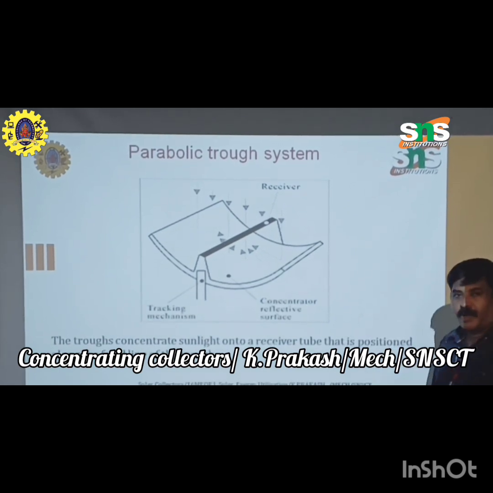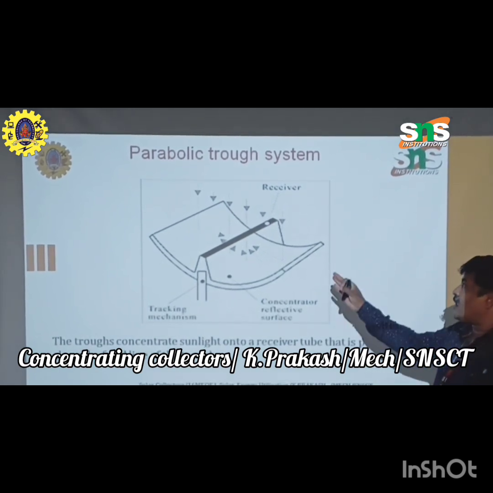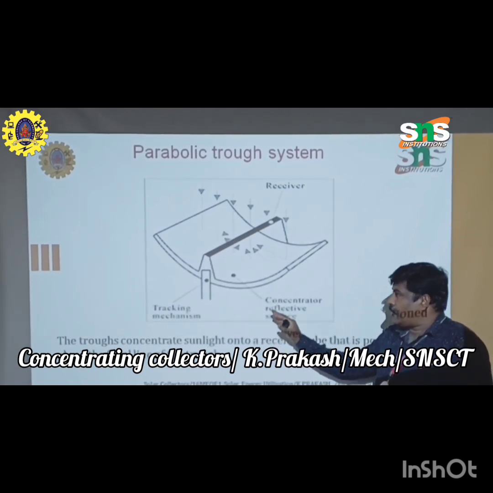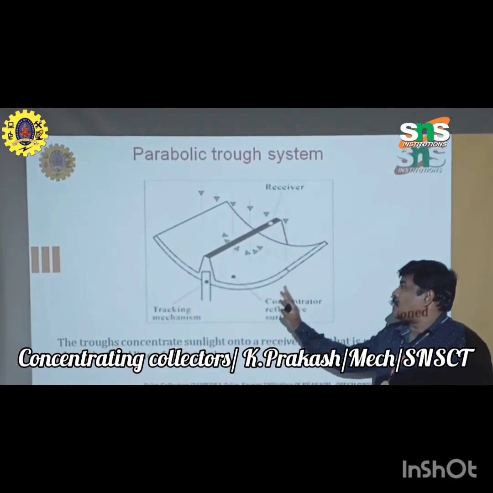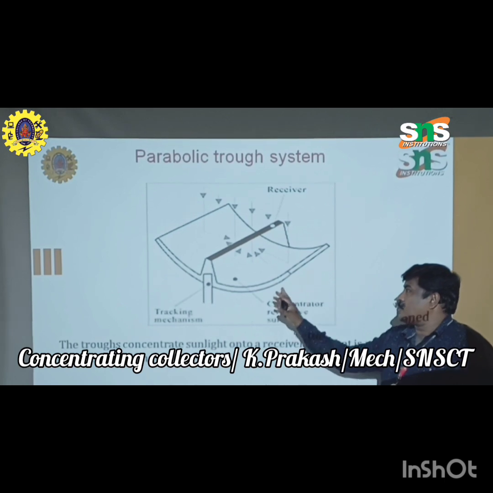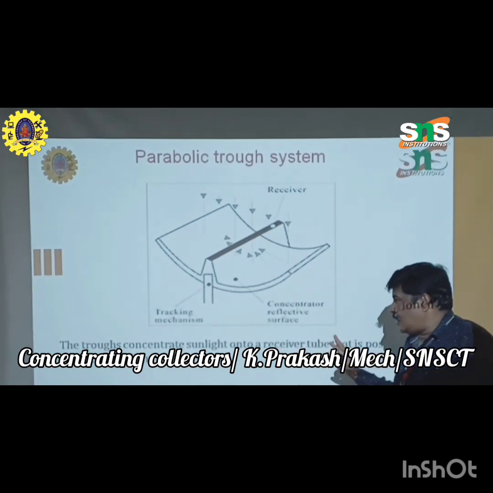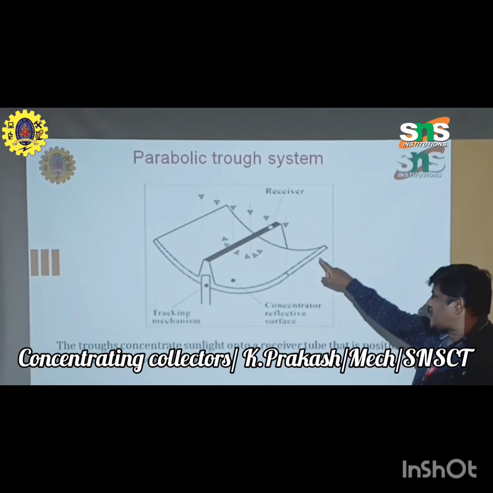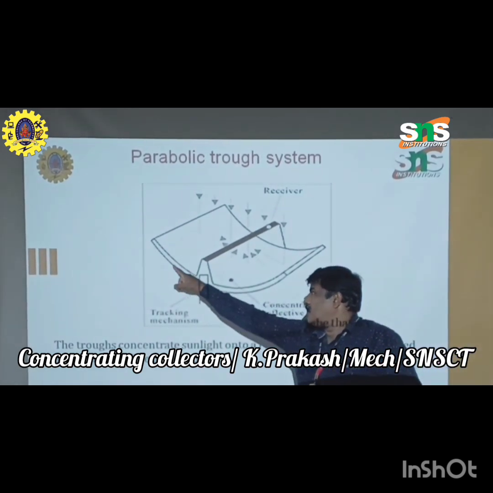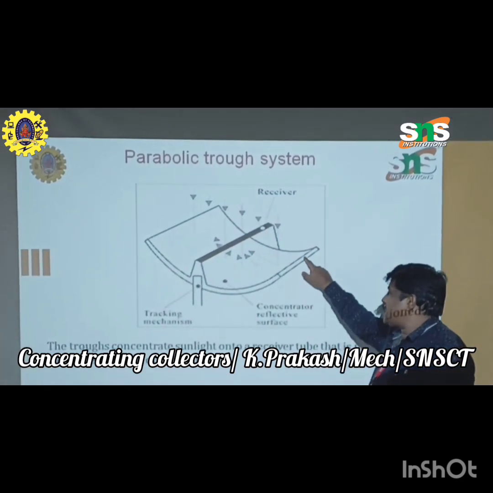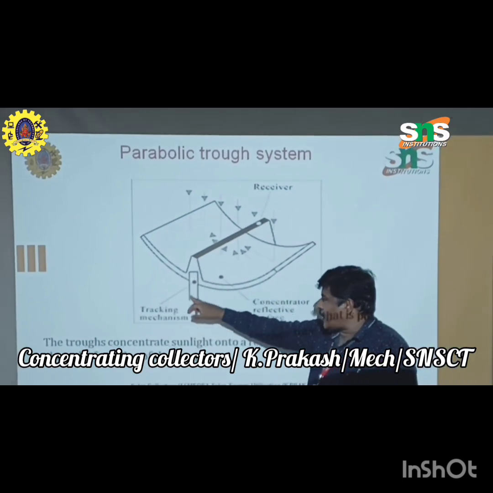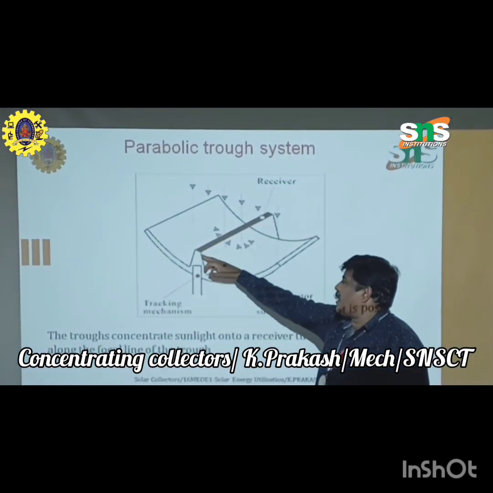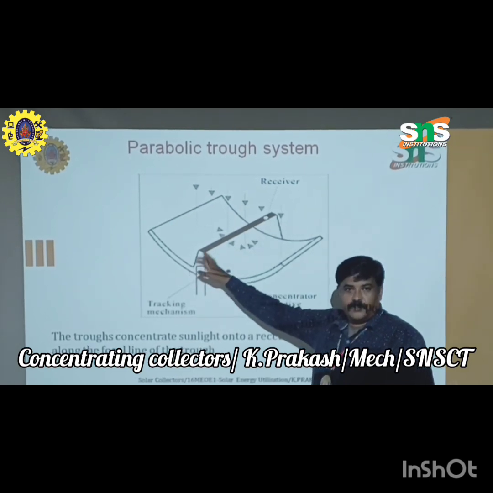Coming to the first concentrating collector, this is the parabolic trough system. This is the main parabolic concentrating collector, which is made of a trough. Now let us see the major parts. There is a refractive surface, and there is a tracking mechanism, and this is the receiver where the fluid passes inside.